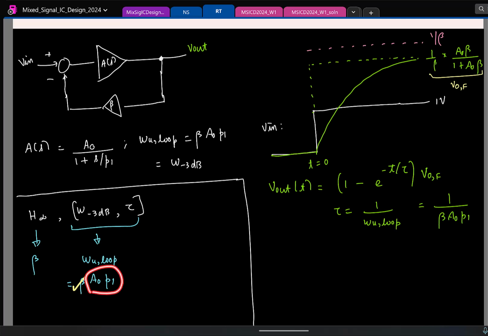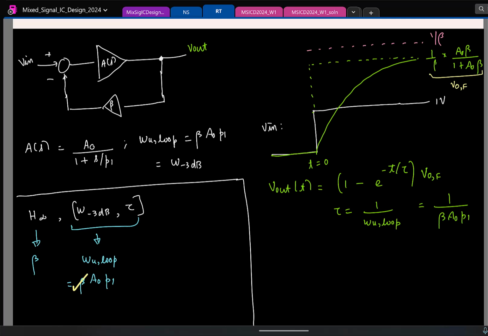I know what is the product, but individually for A naught I don't know anything, right? What is loop gain? I'm asking, can you specify some specification for the closed loop system that will help me fix the DC gain A0?